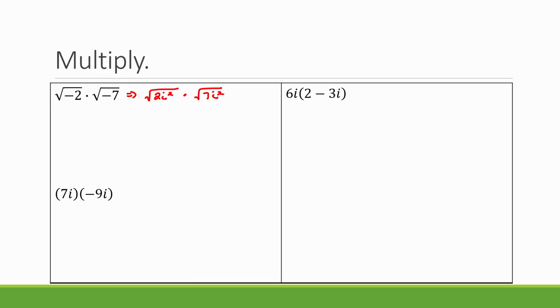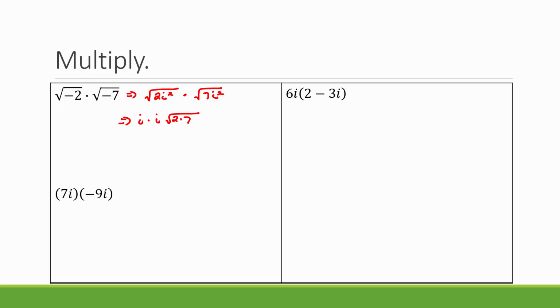When dealing with multiplication, it's probably easier to go ahead and simplify those i squares. So the square root of the first i square is i. The square root of that second i square is also i.